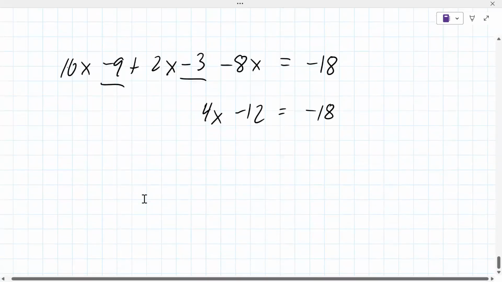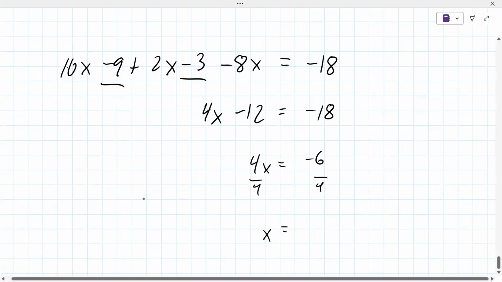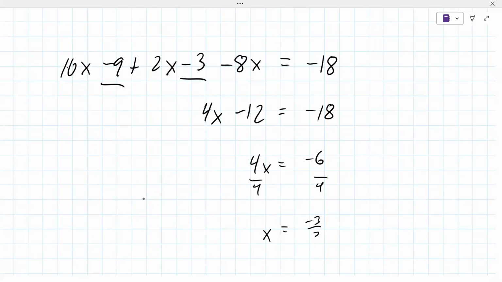All right, keep going. Plus 12 to both sides makes 4x equals -6. Okay. So divide by 4, reduce that fraction. What does that become? -3/2. Yes.